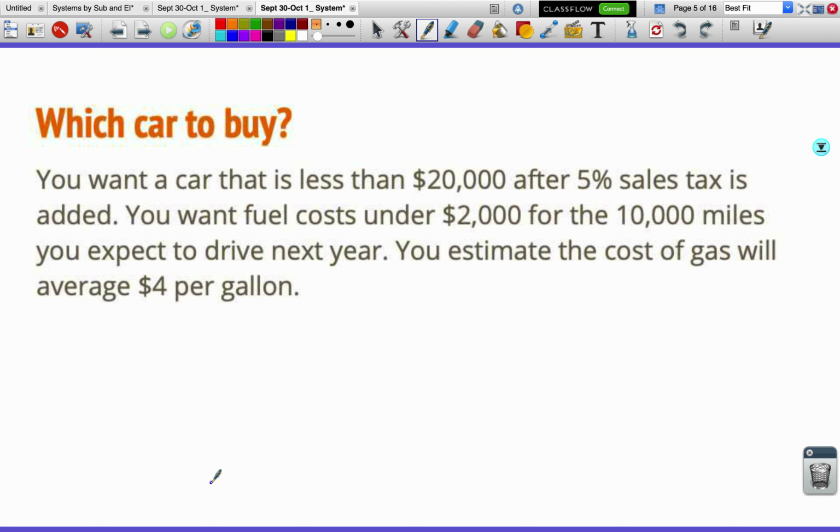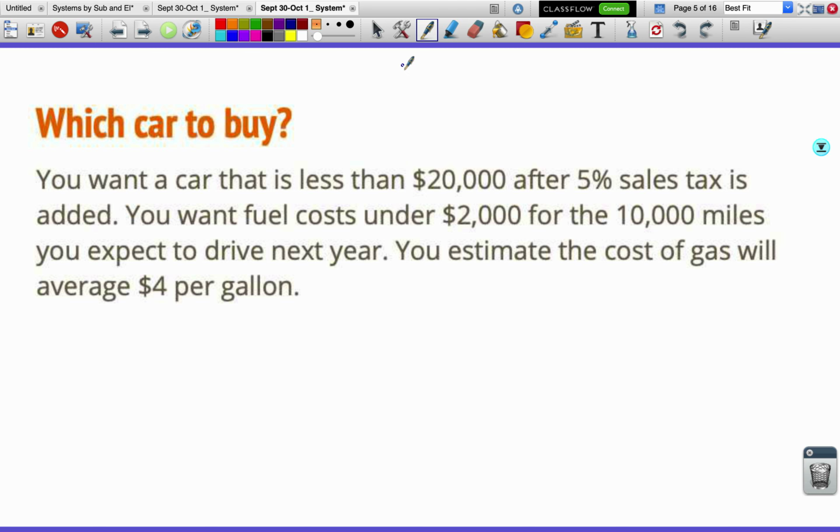Okay. Your next question is which car to buy. I'm about to reveal a bunch of different options, but we need to figure out what our requirements are first. So, first off, you want a car that's less than $20,000 after a 5% sales tax is added. Okay, let's represent that first sentence with an inequality real quick.